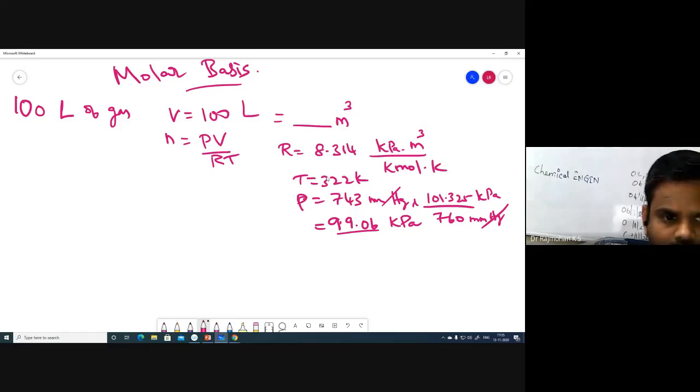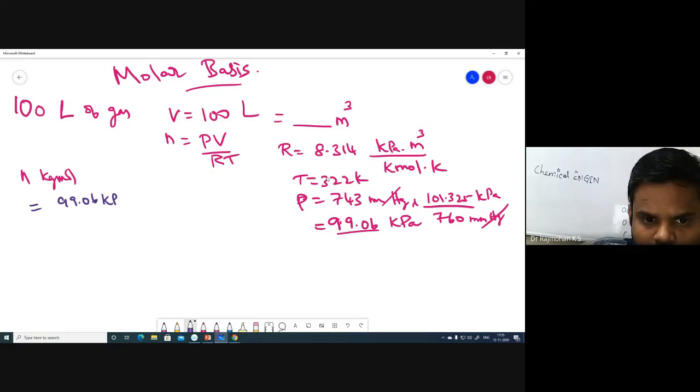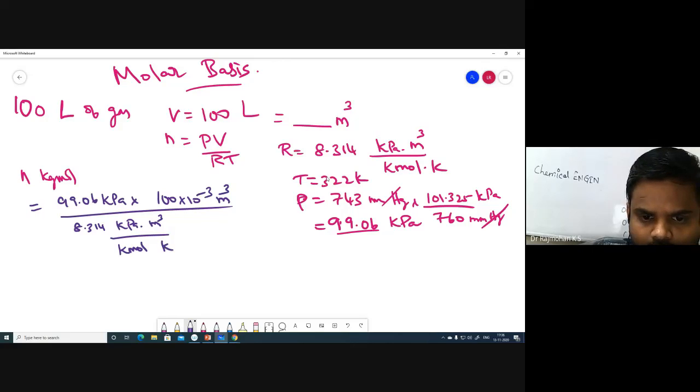So we can find out the N value, N in kilomoles. N equals the pressure, 99.06 kilopascal, into 100 liters, that is 100 into 10 power minus 3 meter cube, divided by 8.314 kilopascal meter cube per kilomole Kelvin into 322 Kelvin.